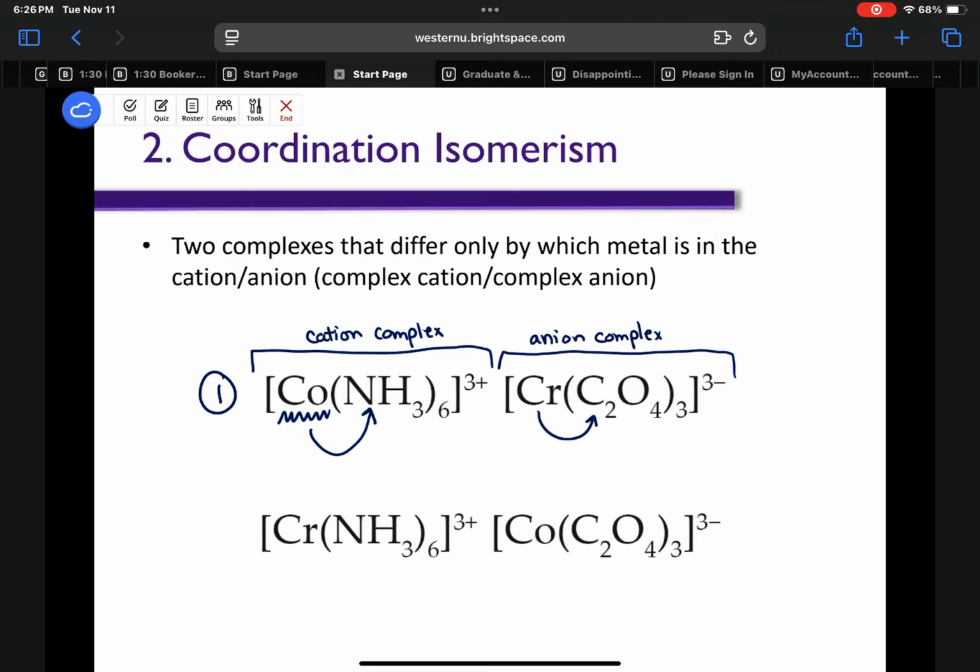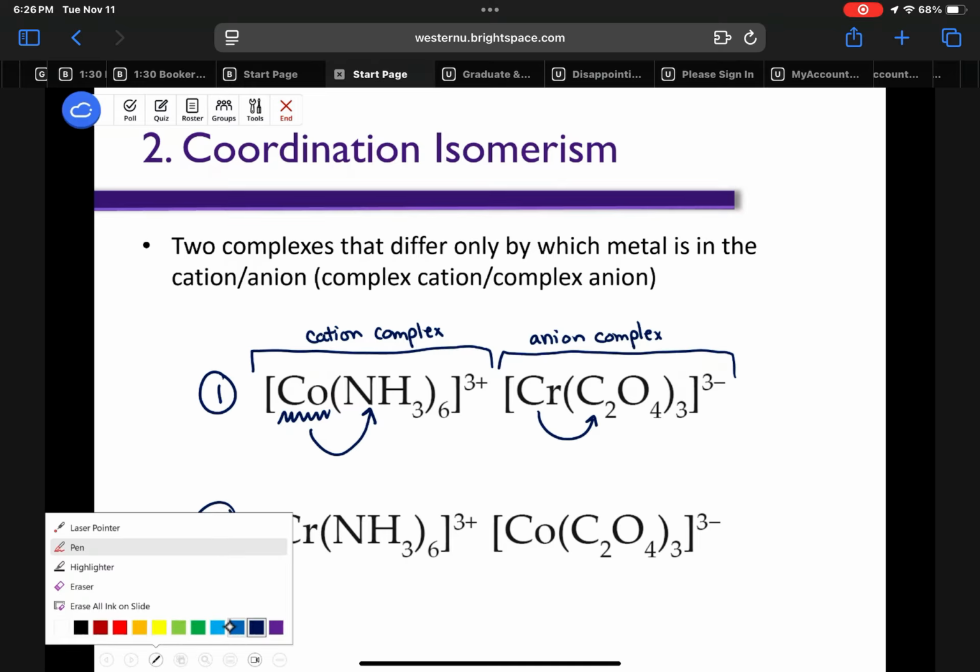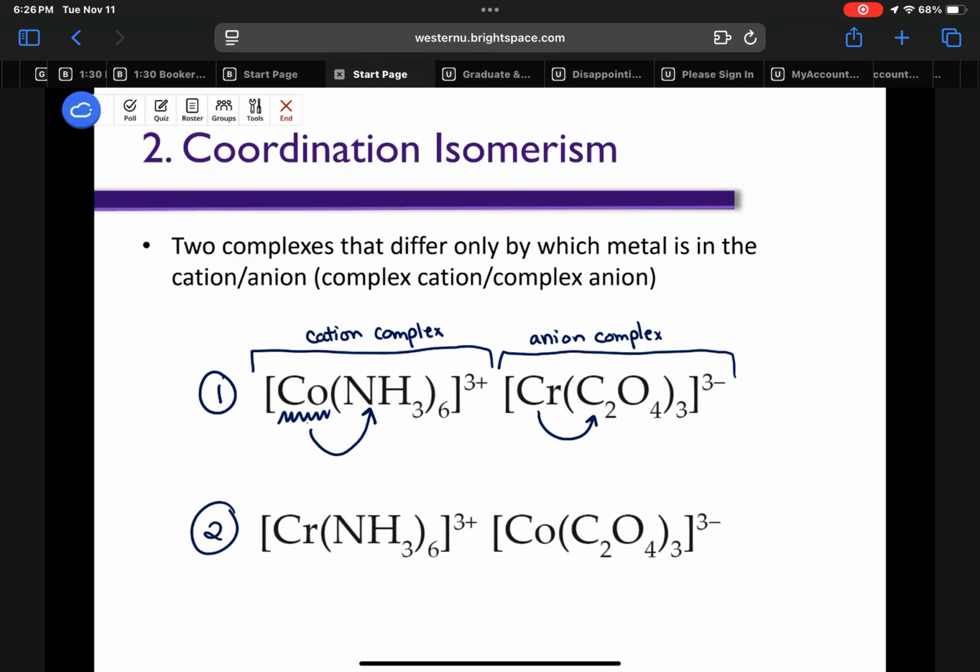When we go to make the coordination isomer, the cobalt is now coordinated to the oxalato ligand rather than the amines. And the chromium, rather than being coordinated with the oxalato, is coordinated with the amines. So the metal cations have swapped places. They're coordinated to the other complex's ligands.